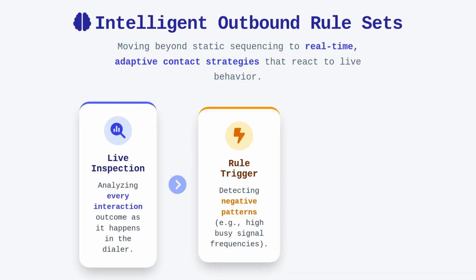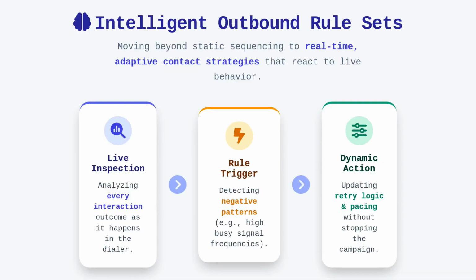For example, if a campaign records a high frequency of busy signals or a specific set of negative outcomes, a rule can be triggered to dynamically modify the retry logic or adjust the pacing settings without stopping the campaign. This dynamic adjustment ensures that your contact strategy remains reactive to the actual behavior of the target population at any given moment. By defining these logical mappings, you prevent the waste of agent time on unproductive dials, thereby maximizing the total effective contact percentage.